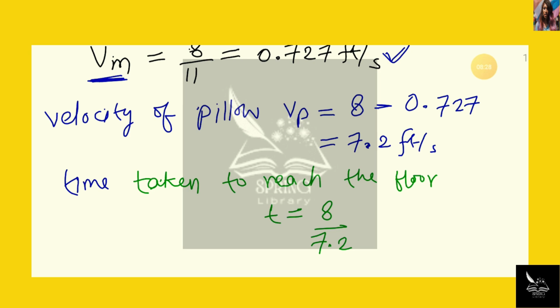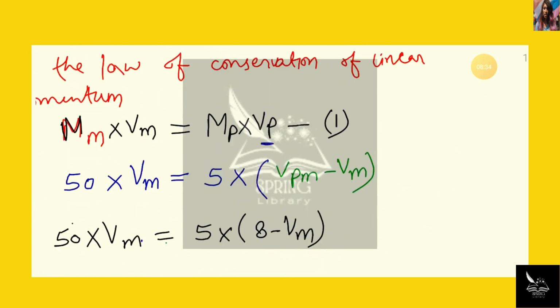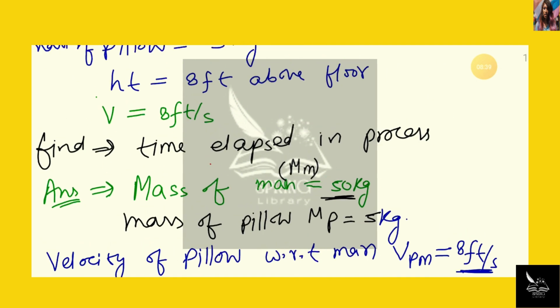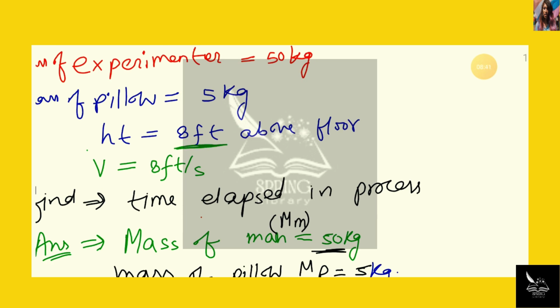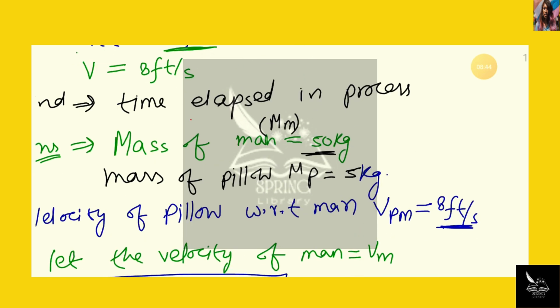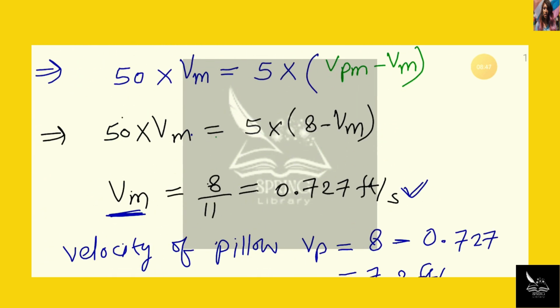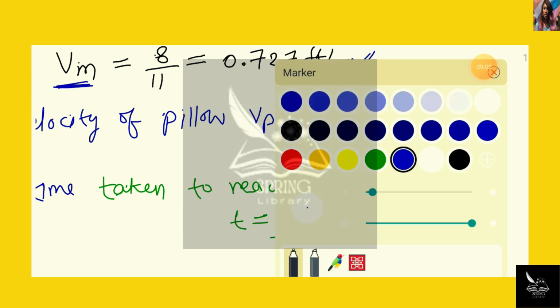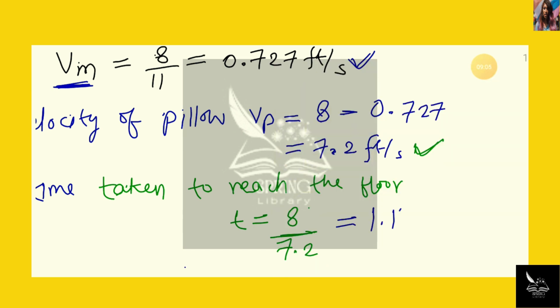So here I am getting the time in which the pillow falls down. In the question the height is given, 8 feet, by which the pillow falls, and Vp is the velocity of the pillow which I got in the above step. So T is equal to height over velocity, 8 feet over 7.2 feet per second. Simplifying, I get the time T equal to 1.11 seconds.